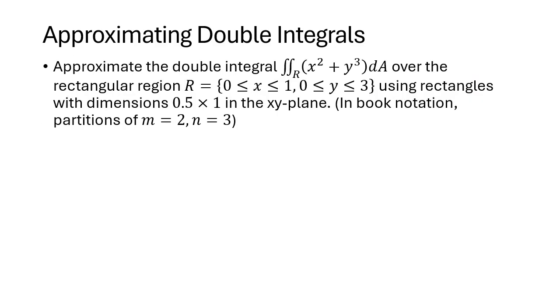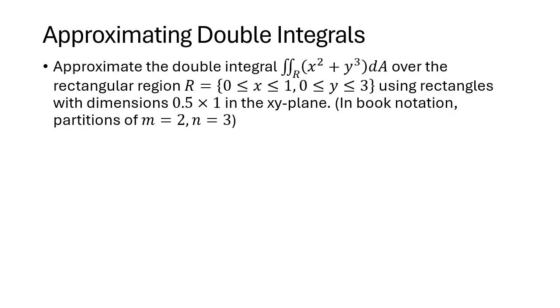So an example of using boxes to approximate is if we take the double integral of x squared plus y cubed over the region from 0 to 1 on x and 0 to 3 on y.